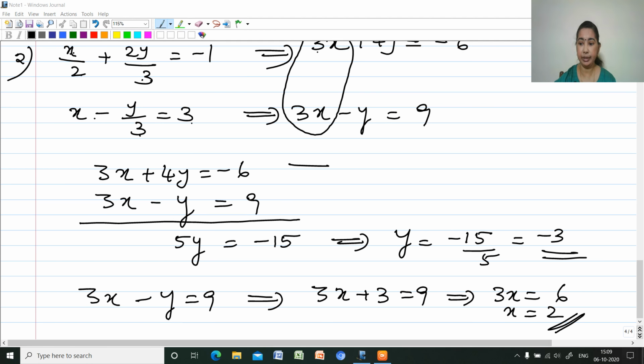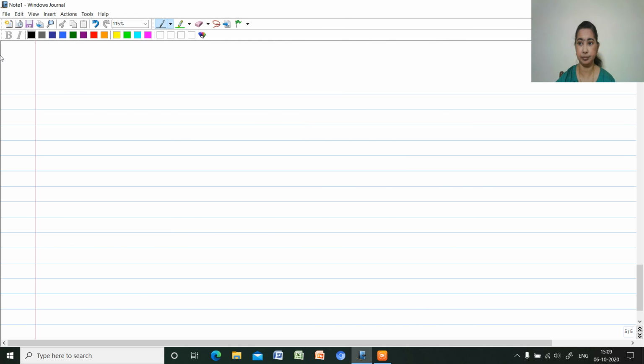Now moving on to the next question. Form the pair of linear equations in the following problems and find their solutions by the method of elimination.